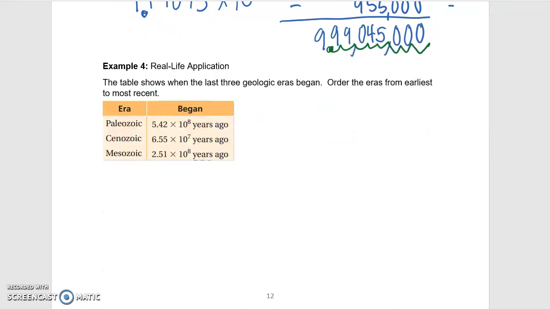Our last example is a real-life application. So we see that the table shows us when the last three geologic eras began. Order the eras from earliest to the most recent. I'm just going to remind myself, earliest to most recent.